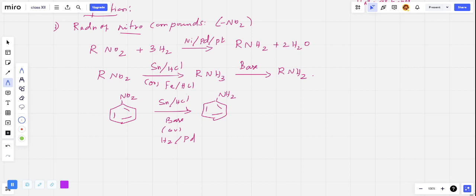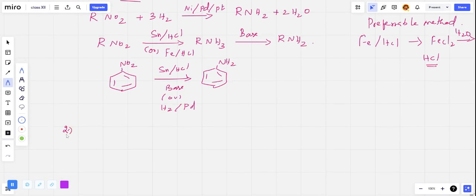That hydrochloric acid will be used to initiate the reaction. So if you are using Fe/HCl, the byproduct FeCl2 on hydrolysis gives HCl, and this HCl is used to initiate this reaction. So this is the preferable method for nitro compounds. This is the first method.